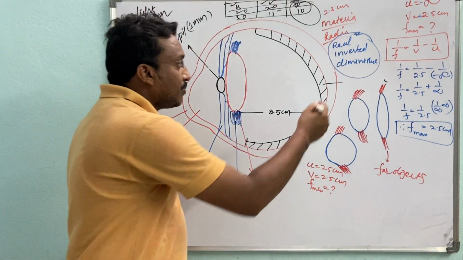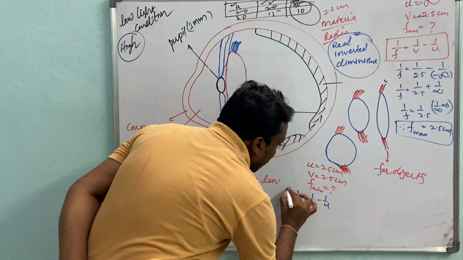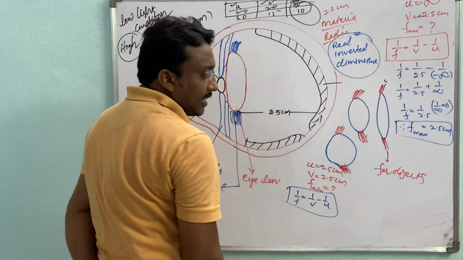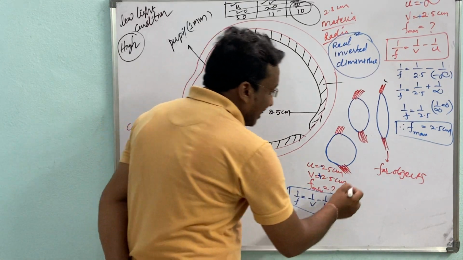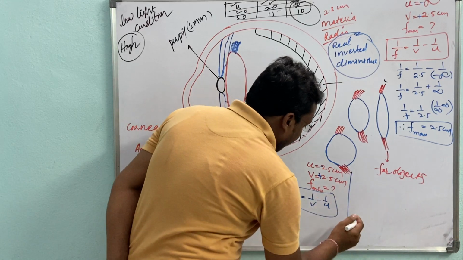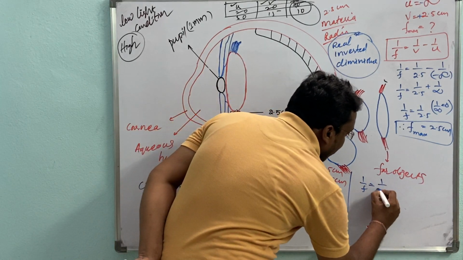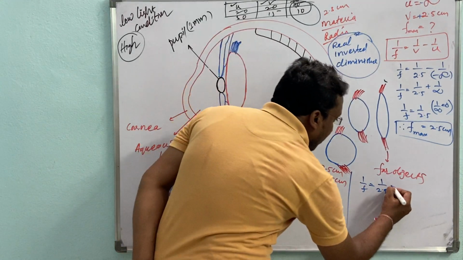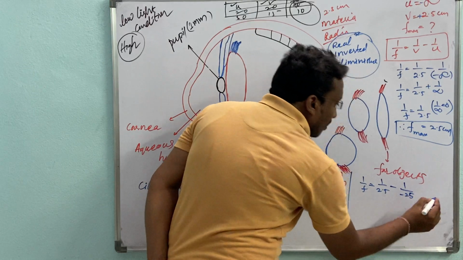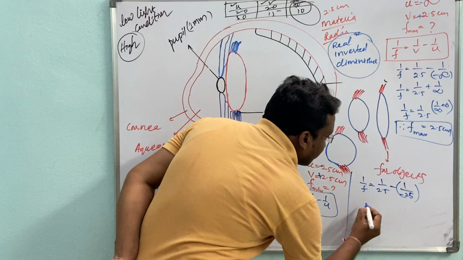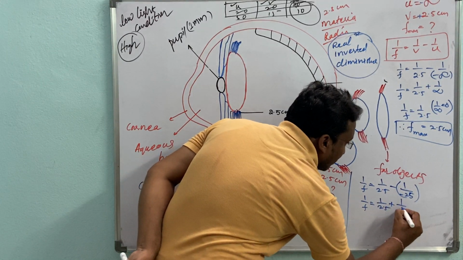which principle do we have to use? The same, 1 by f equals 1 by v minus 1 by u. Here the object distance becomes negative and the image distance becomes positive. I will apply the values here. 1 by f, v equals 2.5, so 1 by 2.5 minus of minus 25. Then 1 by f equals 1 by 2.5 plus 1 by 25.